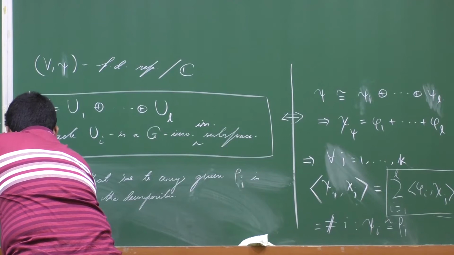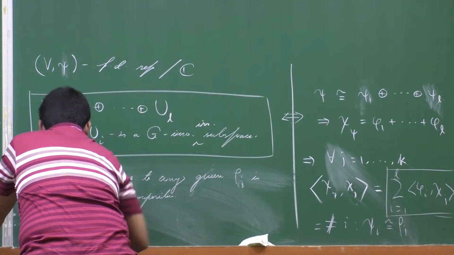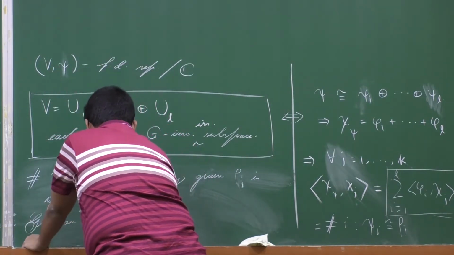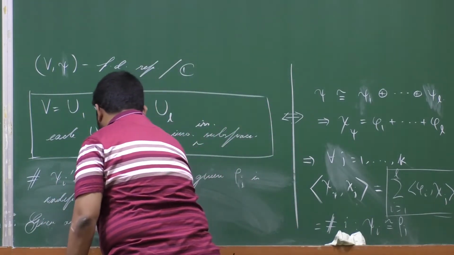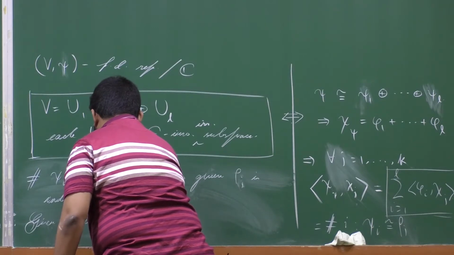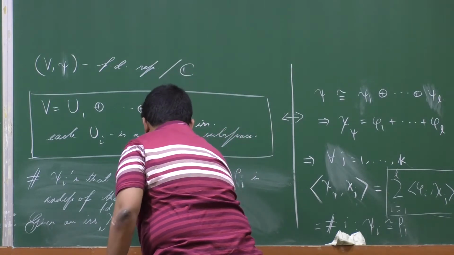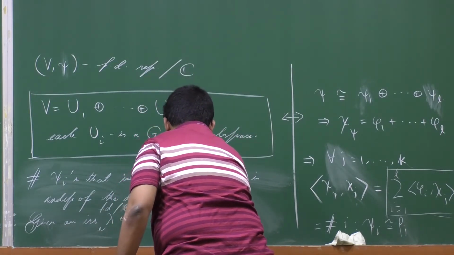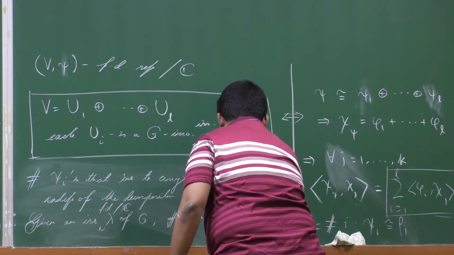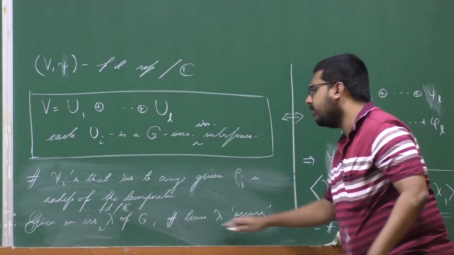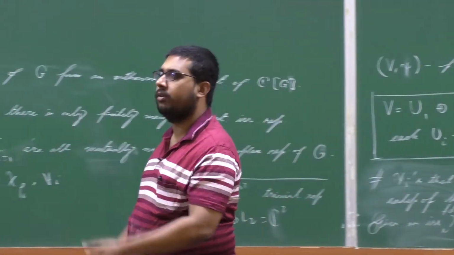Given an irreducible representation lambda of G, a finite dimensional representation over C, the number of times lambda occurs is what we define as, in a decomposition, the number of sub-representations which are isomorphic to lambda.